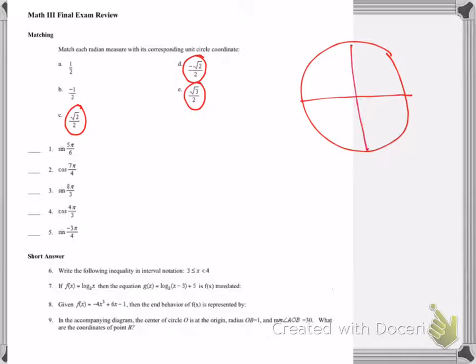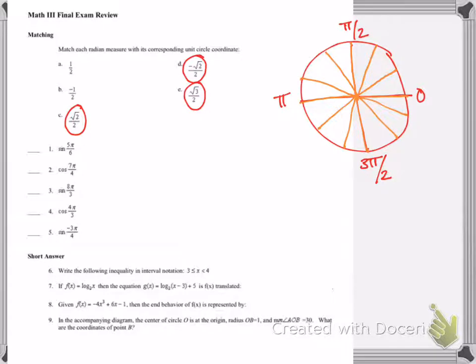Remember that we have 0, pi over 2, pi, 3 pi over 2, and then in between those we break up into smaller sections. First of all, we have pi over 6: 1 pi over 6, 2 pi over 6, 3 pi over 6, 4, 5 pi over 6, 6 pi over 6, 7 pi over 6, 8 pi over 6, 9 pi over 6, 10 pi over 6, 11 pi over 6, and 12 pi over 6.